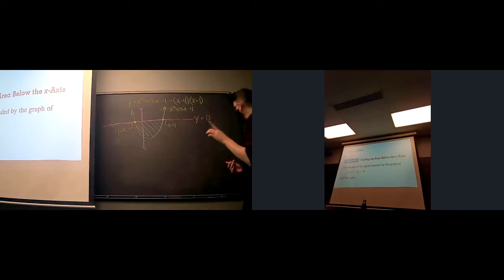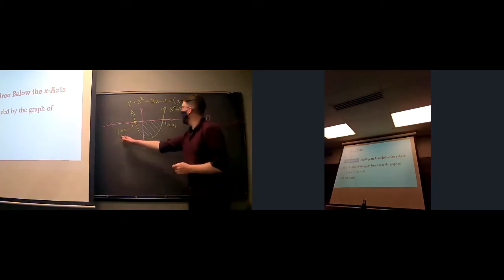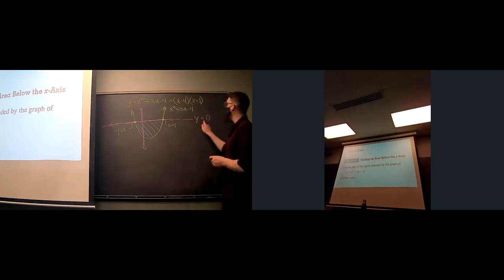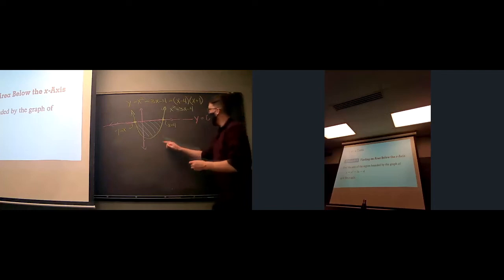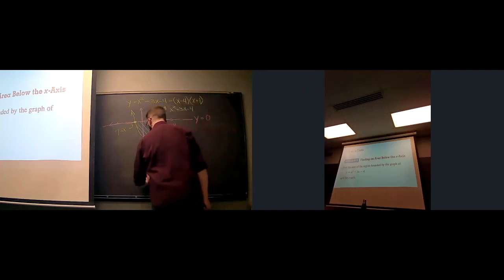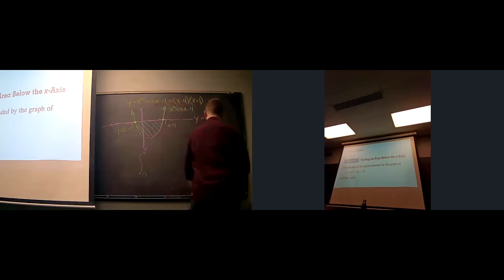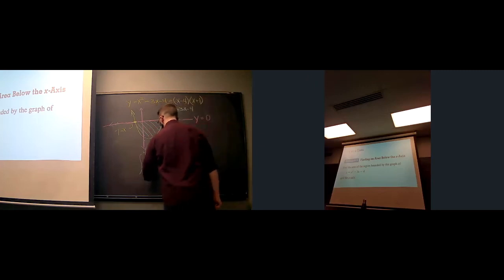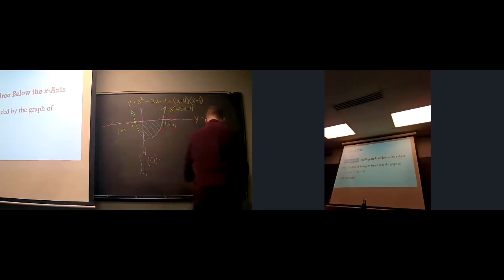Okay, now in the region of our integration, -1 to 4, that line is greater than our function, right? So the integration then is going to be from -1 to 4 of 0 minus x squared minus 3x minus 4 integrated with respect to x.